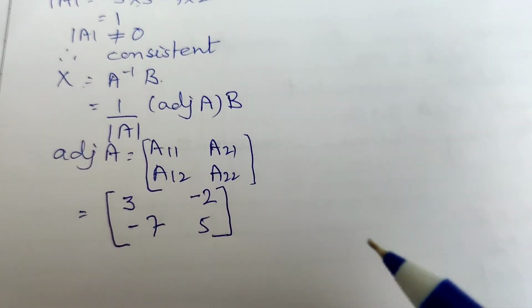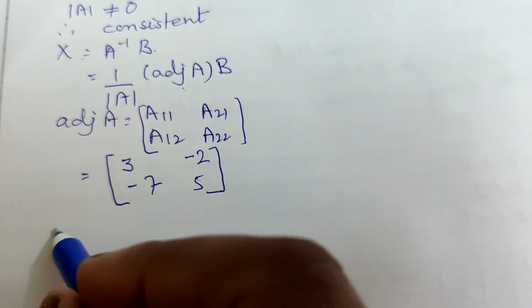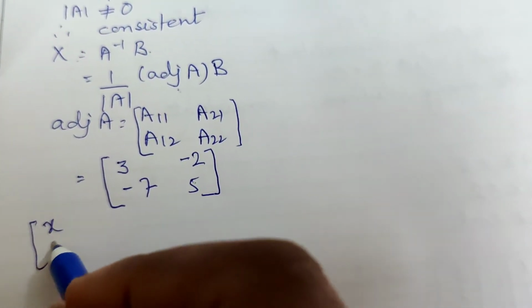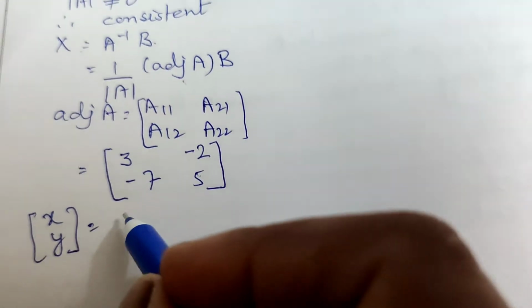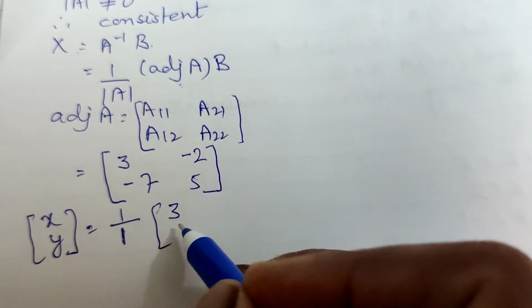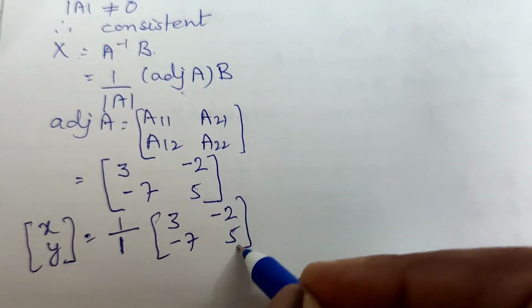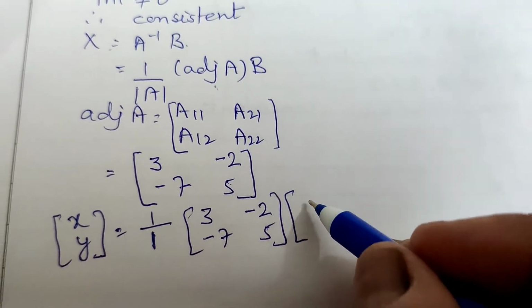Now put the values in this equation: x, y equal to 1 upon determinant A, which is 1, times 3, minus 7, minus 2, 5, and B equal to 4, 5.